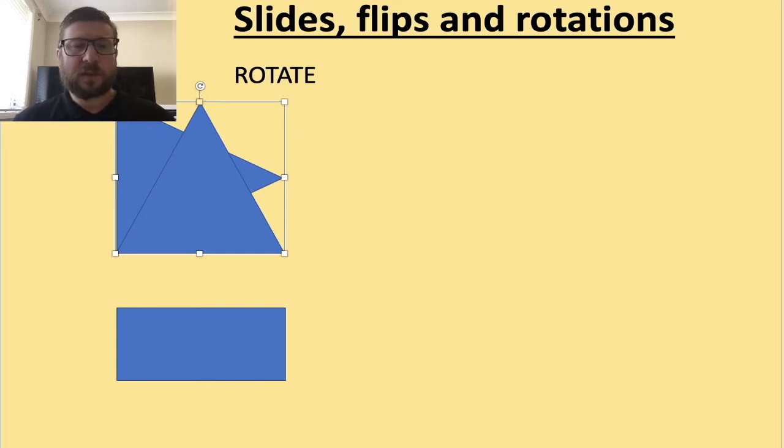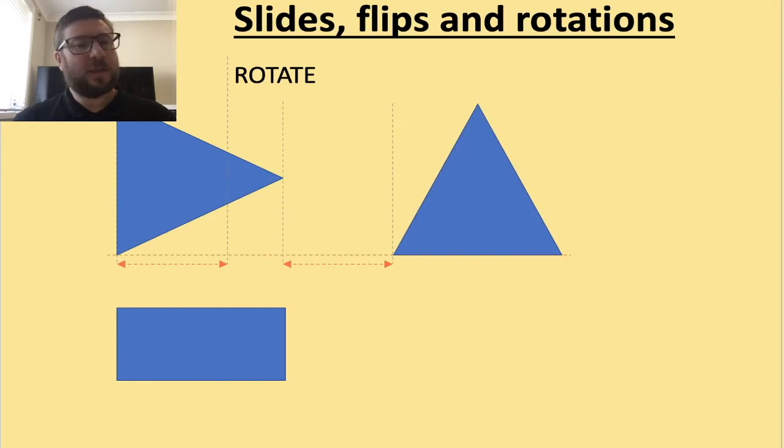Now I'm going to move it to the side so you can see its rotation. Remember, its position hasn't changed, but its rotation has. The point of our triangle that was here has now moved to the top. The point that was on the bottom has now moved to the side. And the point that was on the top has now moved to the bottom.